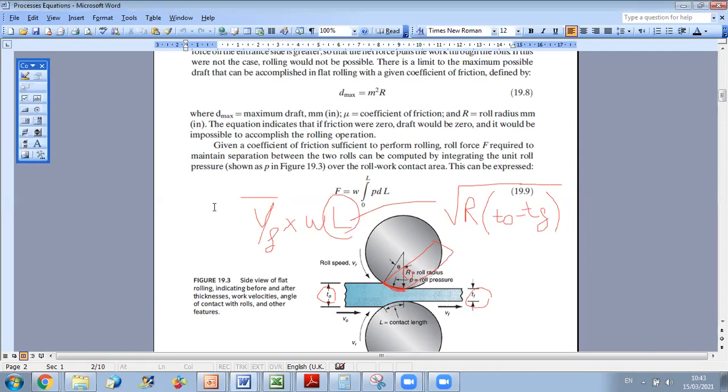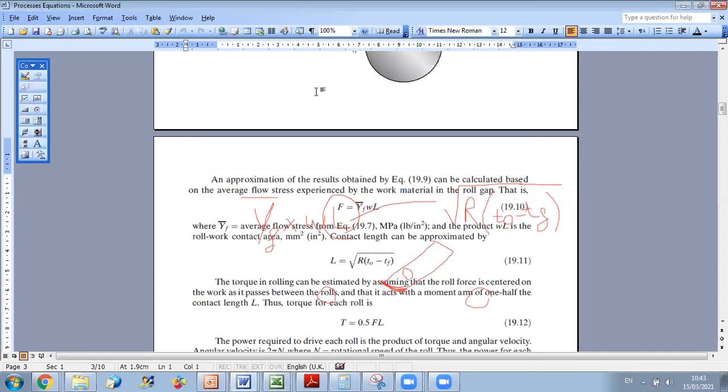So let us see here the formulas. An approximation of the results obtained in the integration equation can be calculated based on the average flow stress experienced by the work material in the roll gap. So F is the average flow stress times W times L. The average flow stress is in megapascal in SI units and in lb per inch square in English units.